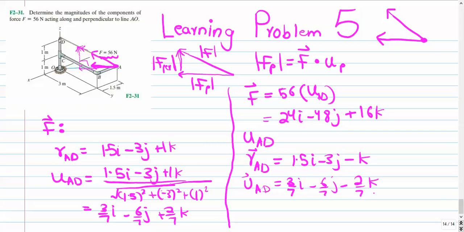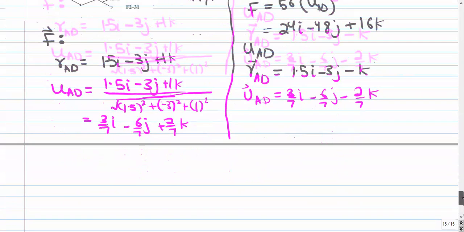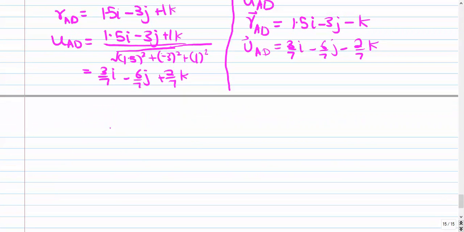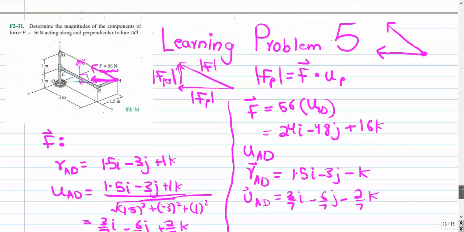Okay, now that we have all vectors that we need, we will simply take their dot product to get the magnitude of the component parallel to the axis.